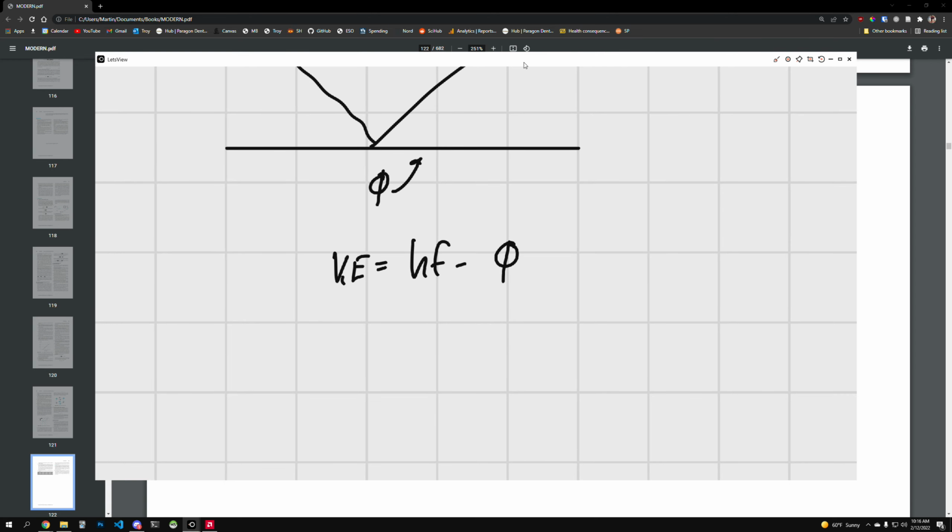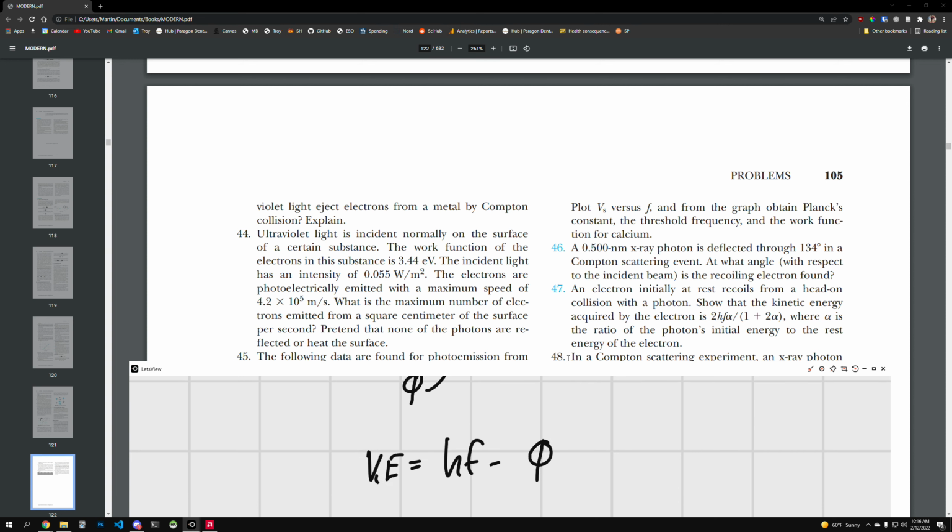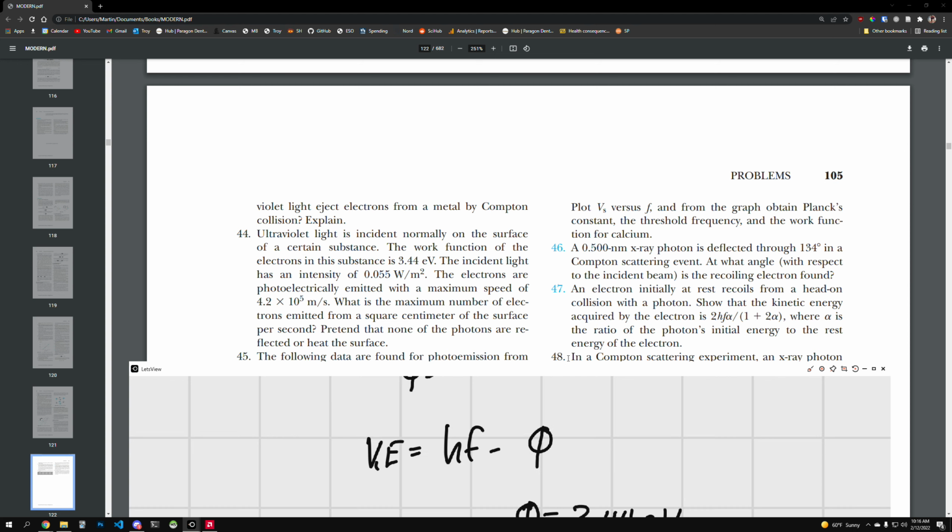So we're given in the problem that the work function is 3.44, so phi is equal to 3.44 electron volts. And our electron accelerates to 4.2 times 10 to the 5th meters per second. So that is the V electron.